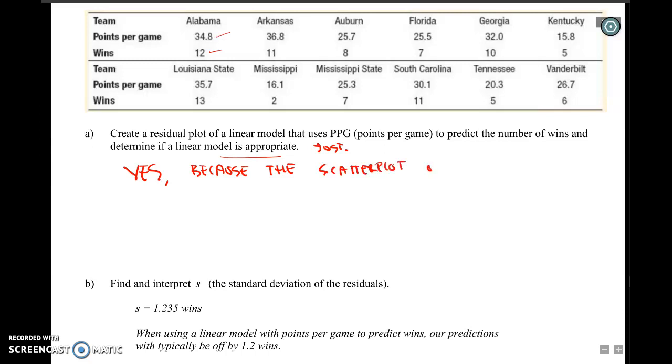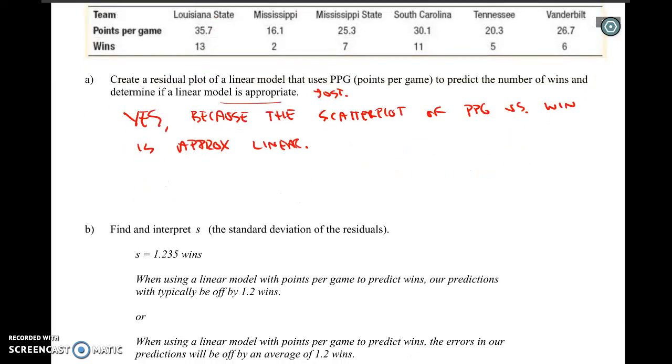The scatter plot of points per game versus wins is approximately linear. That may sound ridiculous, but determine if it's a linear model. Well, yeah, it is because it looks linear, but whatever. That's the justification. Or you could say because the residual plot has no pattern.